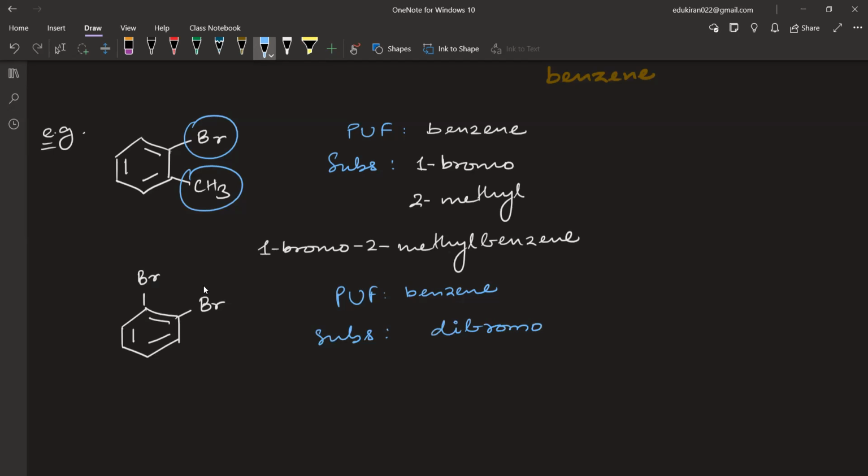Dibromo will be 1, 2, right? So this will be 1,2-dibromobenzene. Is the numbering making sense? Yes or no? Please tell me. Yes, sir. Okay.